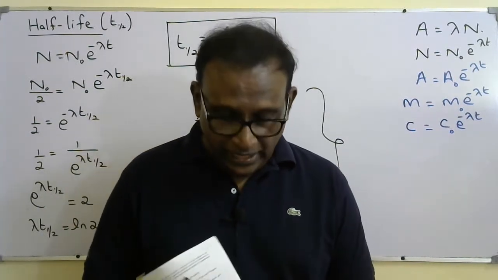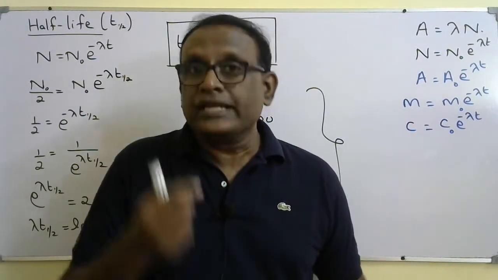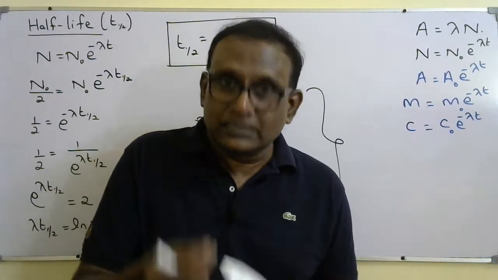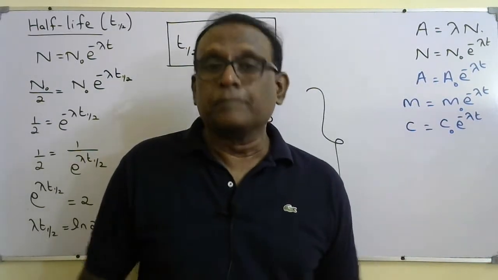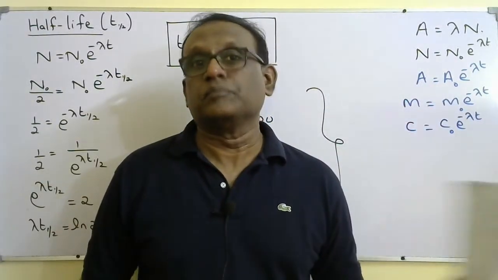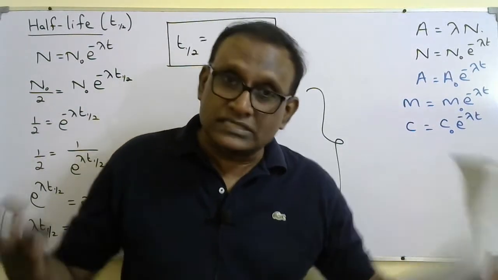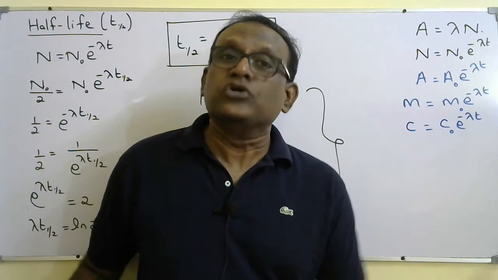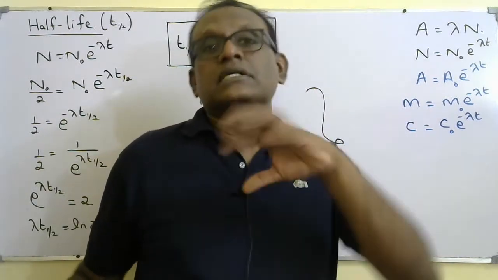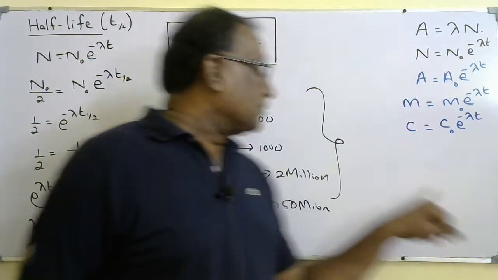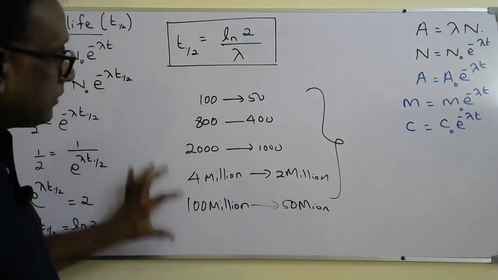How is it possible? Because even though it shows random nature for individual nuclei's decay, when there is collective decay, when we consider several thousands or several millions of radioactive nuclei together, it becomes a mathematical model in which the time taken to become half is constant.